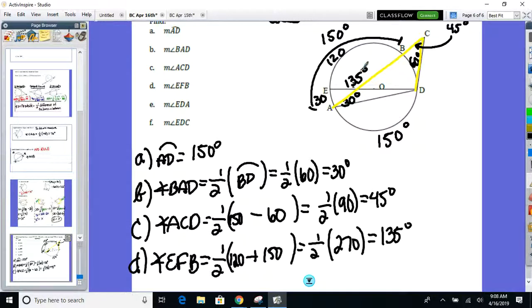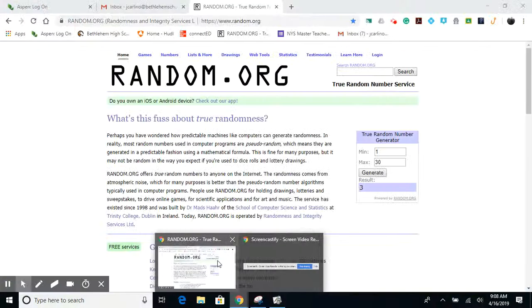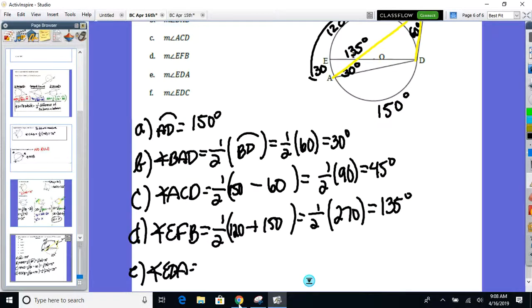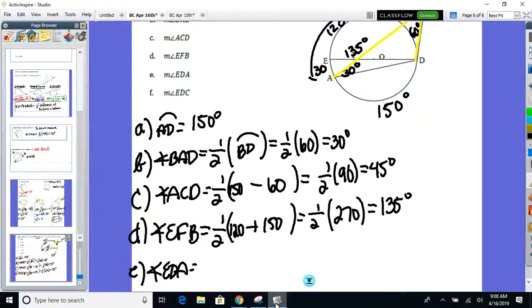How we doing? We still got two more to go, but we're hitting every type of angle we could. EDA. Okay, EDA. Who are we going to hear from on this one? Inside or outside? Go through the list. Is it central? Is it inscribed? Yes.